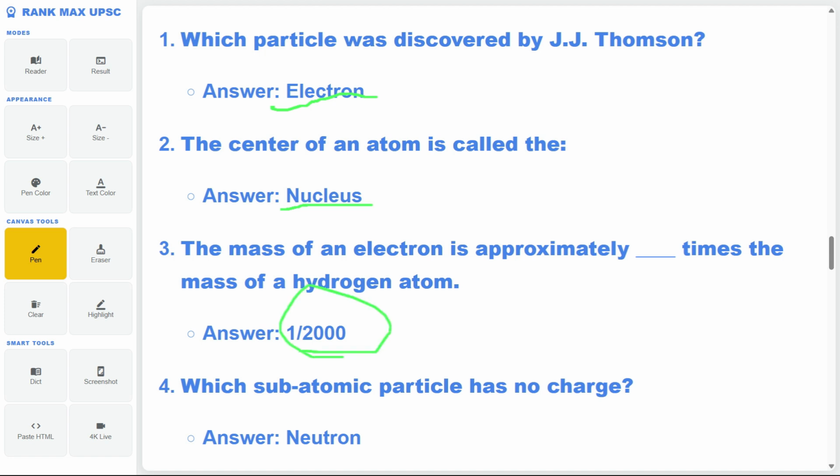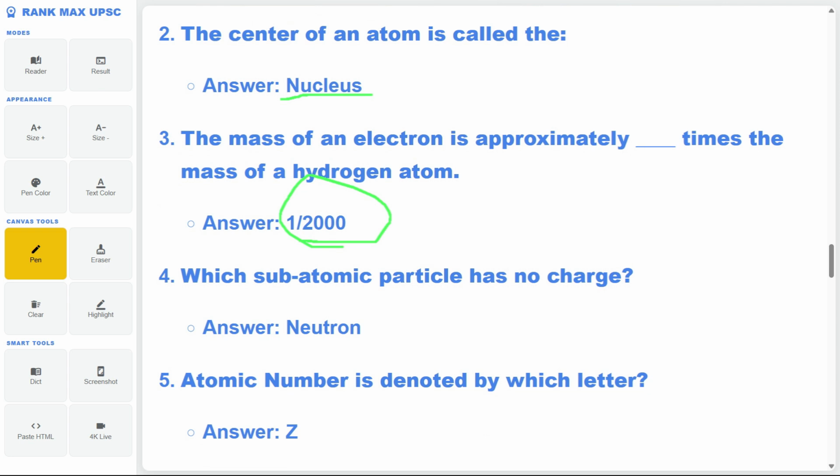Which subatomic particle has no charge? Neutron. Atomic number is denoted by which letter? Z.